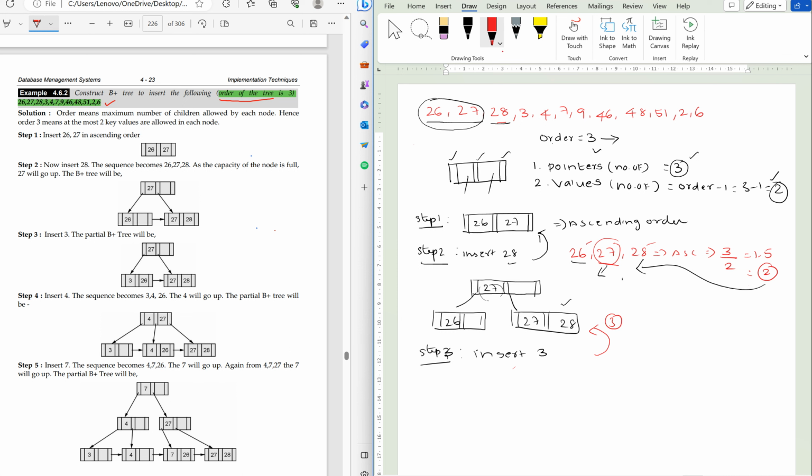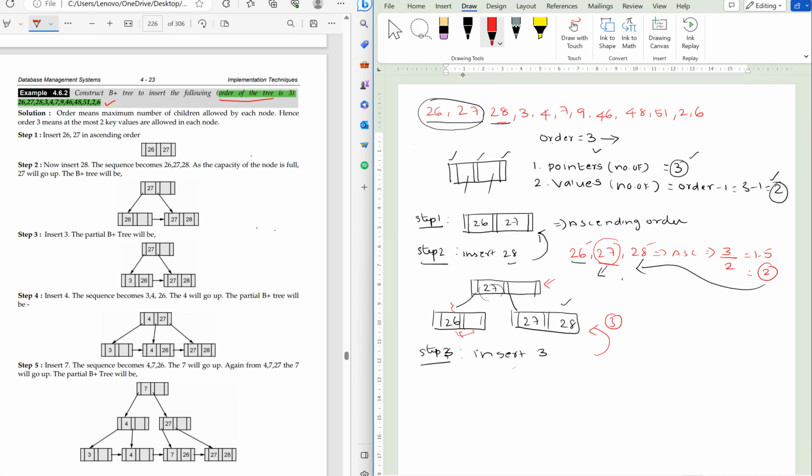The procedure to insert this 3 is first to compare this 3 with the root node. Since it is lesser than the root node, it has to come to the left hand side. The value has to be inserted in this node, but the first position already has a value, so we cannot insert here. But anyhow, the 3 has to be inserted on the left hand side. So we take this 3 and 26 in ascending order, and then we push the 26 here, and then 3 will be coming here.